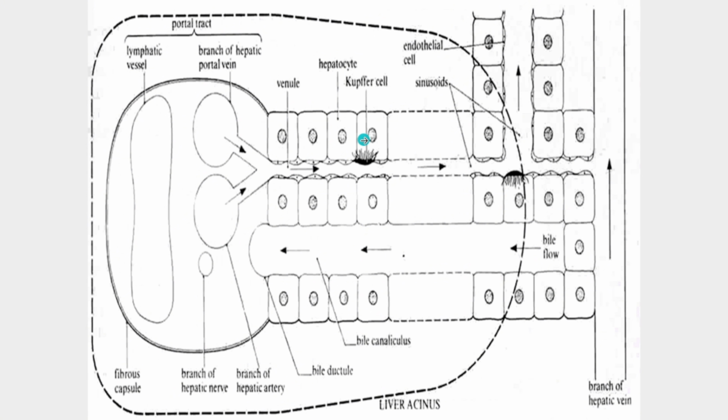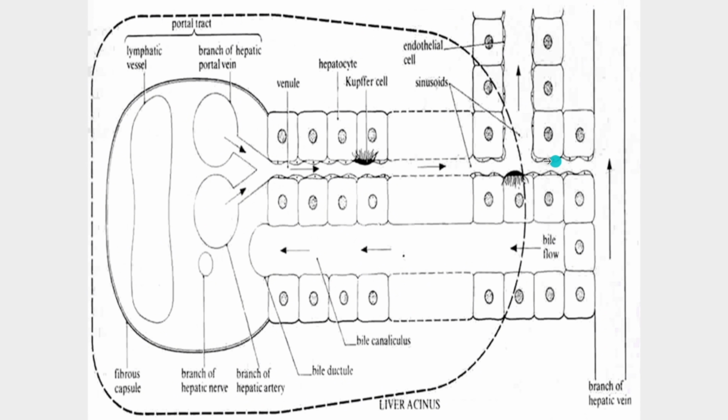So these are the two functions. And another one is what we call the sinusoid. This line here is not a vein.